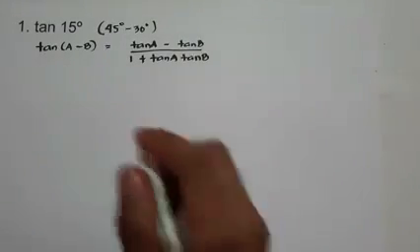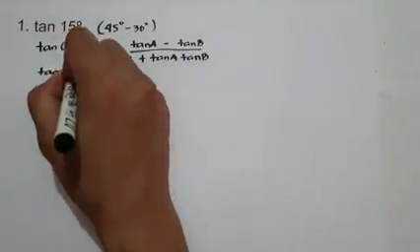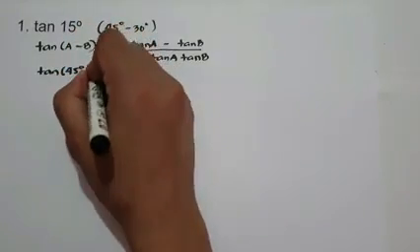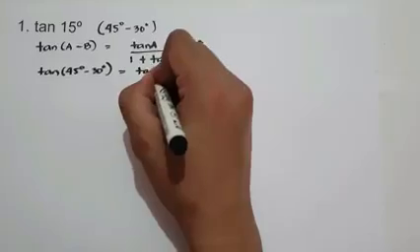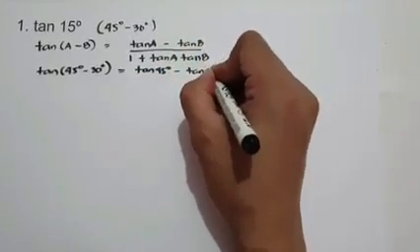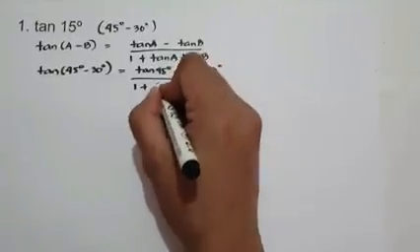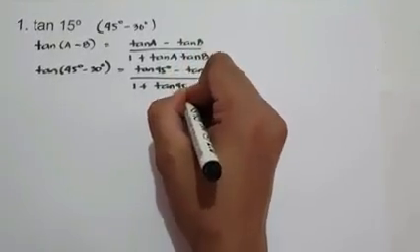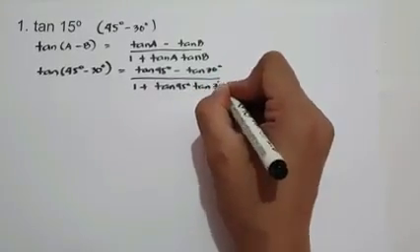So let us simplify. Let's have tangent A, that is 45 degrees, minus B, that is 30. Let's have tangent A, that is tangent 45 degrees, minus tangent B, that is tangent 30 degrees, all over 1 plus tangent A, which is tangent 45 degrees, and tangent B, which is tangent 30 degrees.